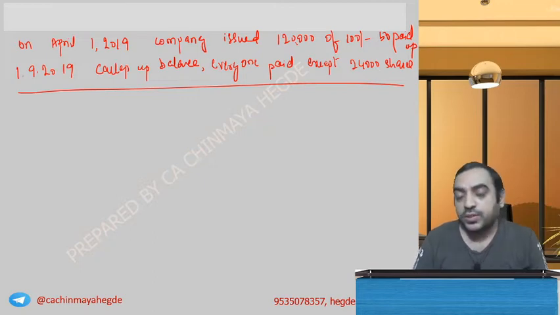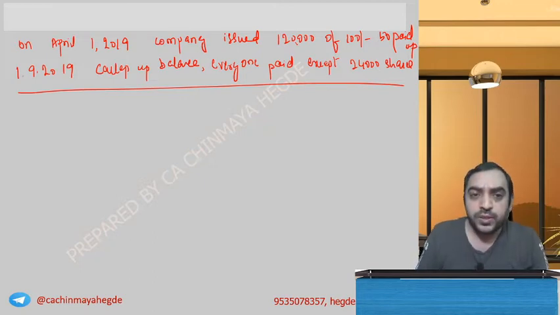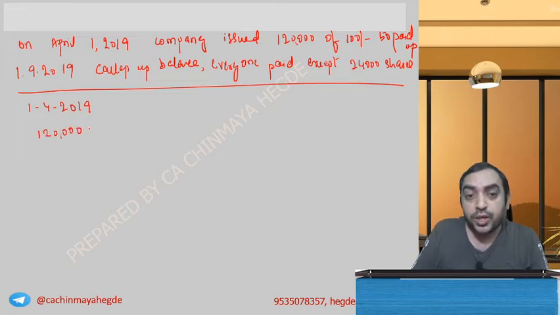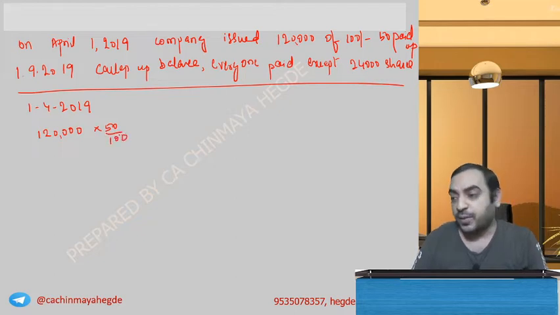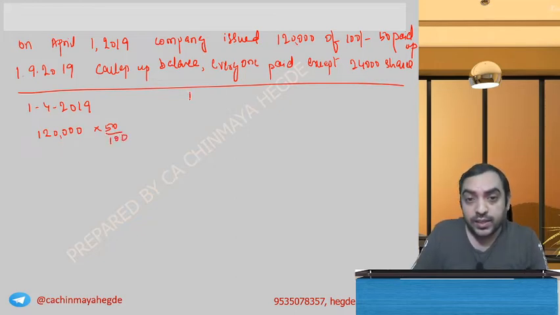So it can be done in 2-3 ways. I'll give the simplest possible. In a time travel, I'll explain. So on 1st of April 2019, you had 1,20,000 shares, 50 paid up. So proportionately we take 50 by 100, till 1st September 2019.